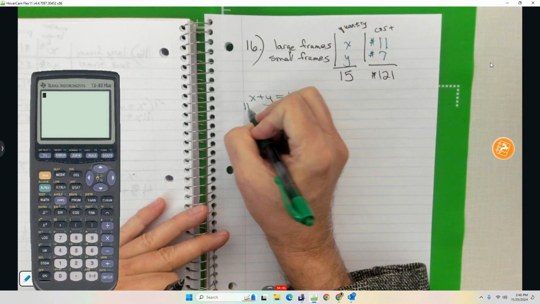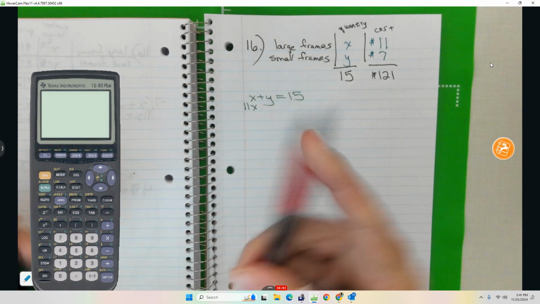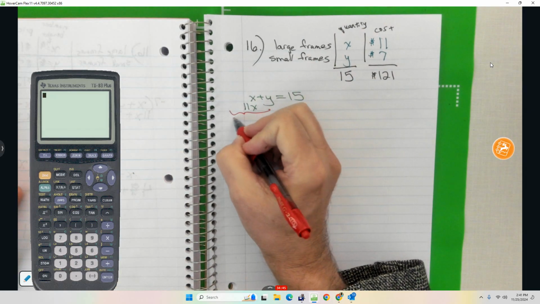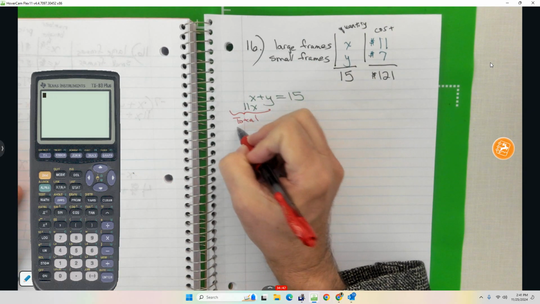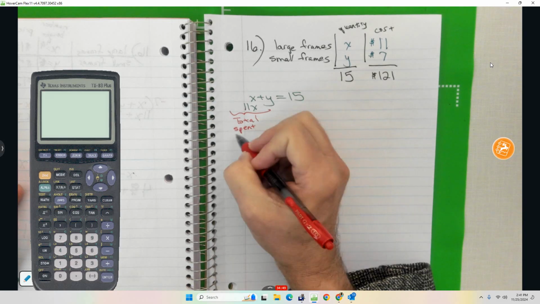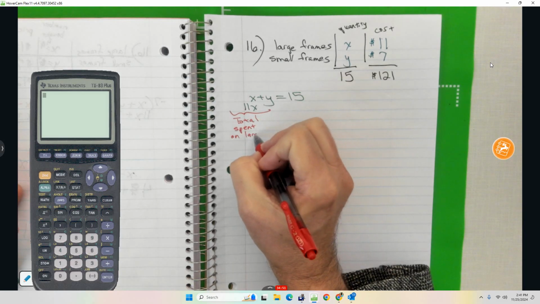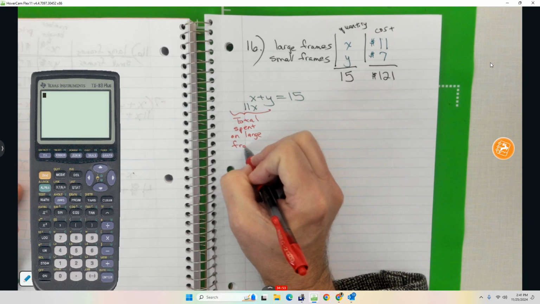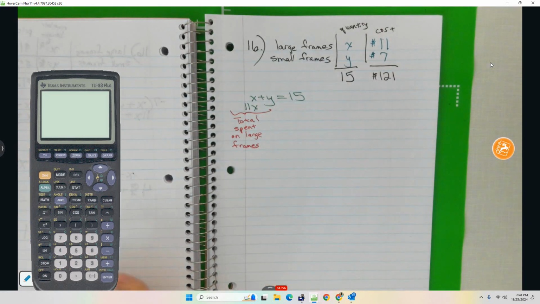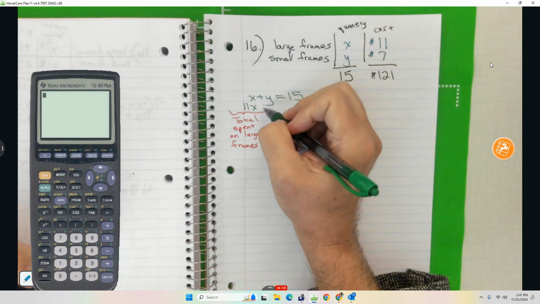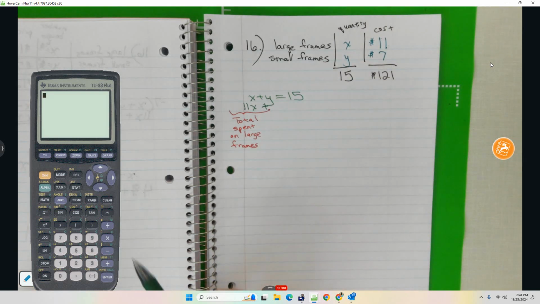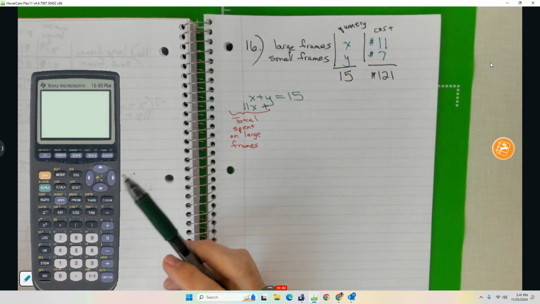That 11x is the total spent on large frames. That's all the money she spent on large frames, plus, let's add in the money she spent on the small frames.